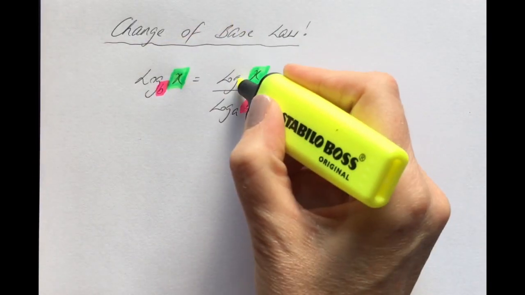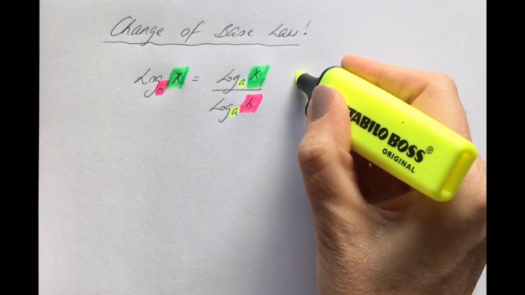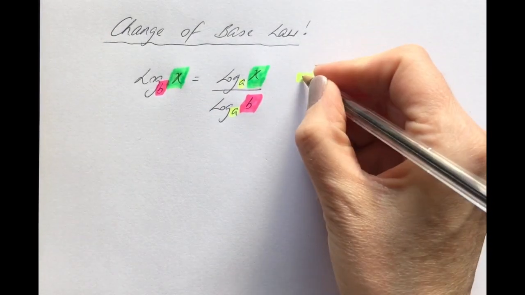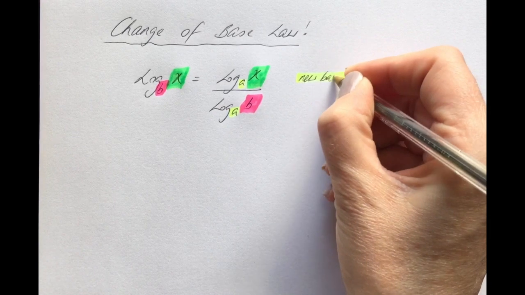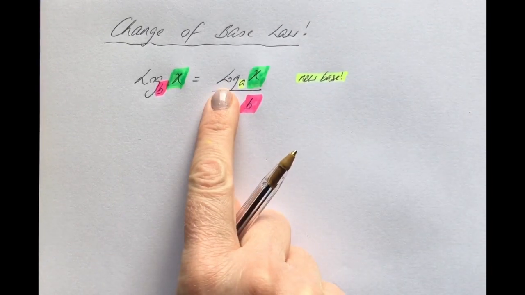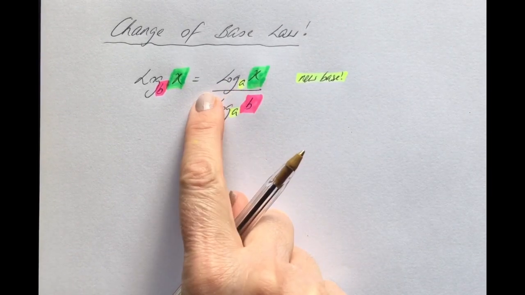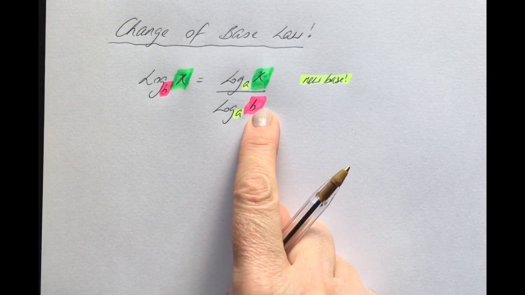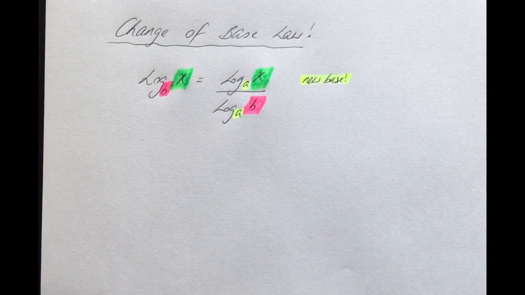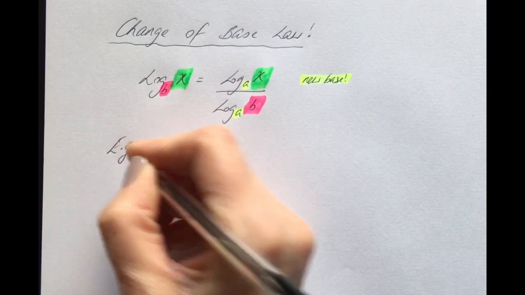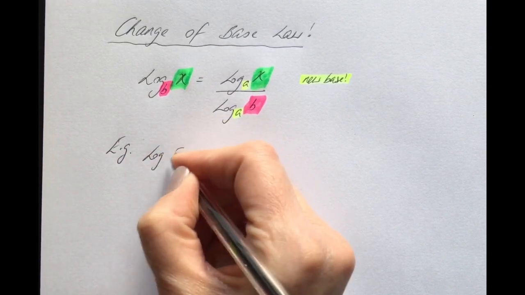Okay, so A is your new base. So it's going to be log of x in the new base divided by log of the old base in the new base. Right, let's jump straight into a numerical example so we can see this at play.